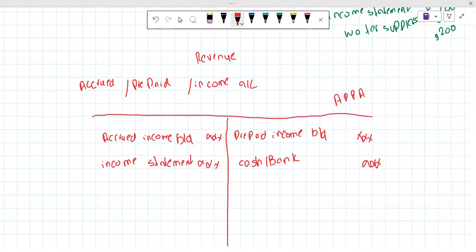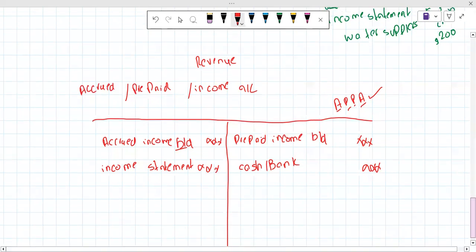So we will use this mnemonic, which is APA. A means accrued, P means prepaid, A means accrued. So accrued income, if it is the opening balance, would come under the debit side. P means prepaid income. If it is your opening balance, it would come under the credit side.